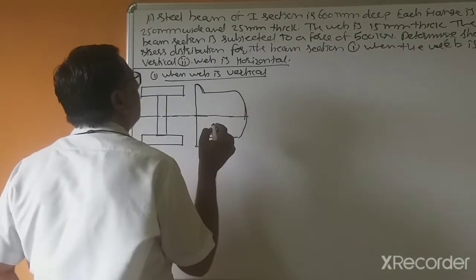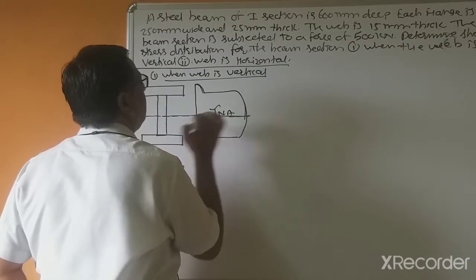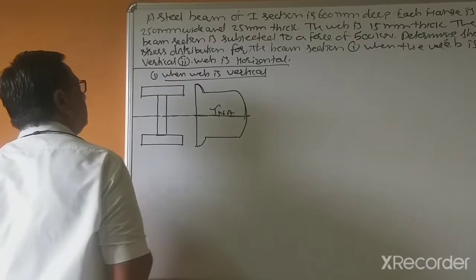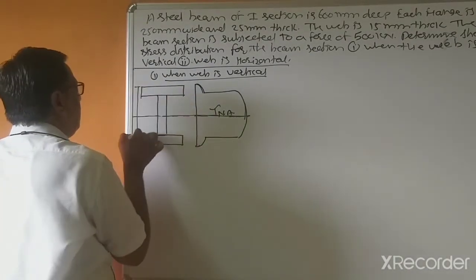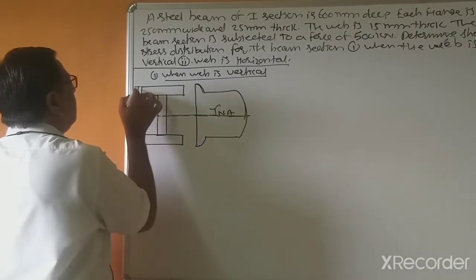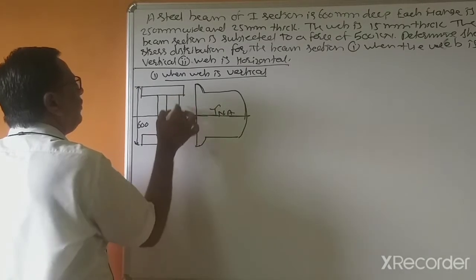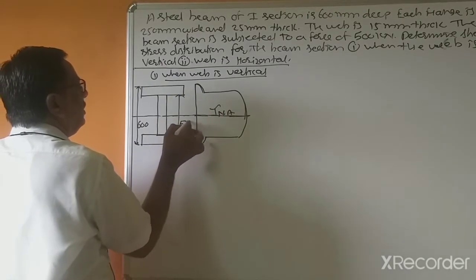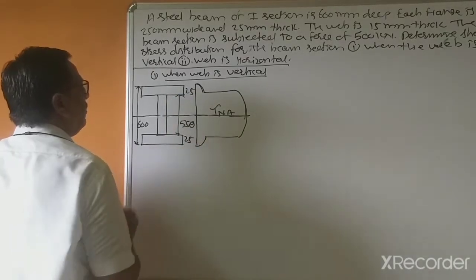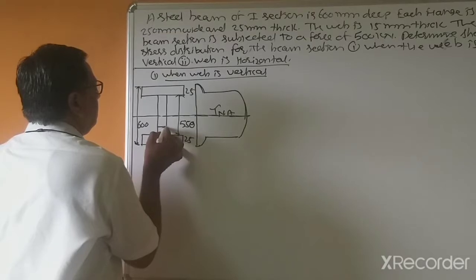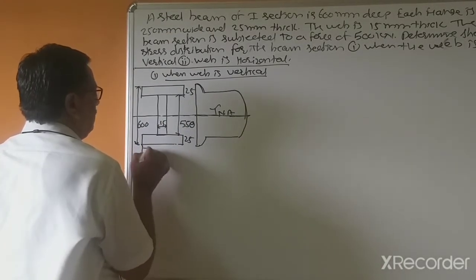The overall depth is 600, this is 550 because this flange is 25 and this is 25, this is 15, and this is 250.